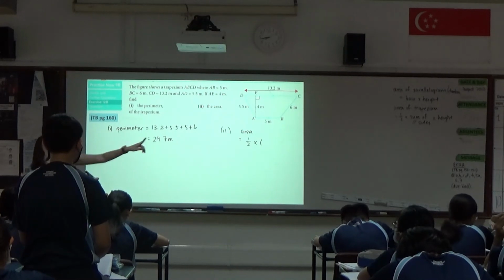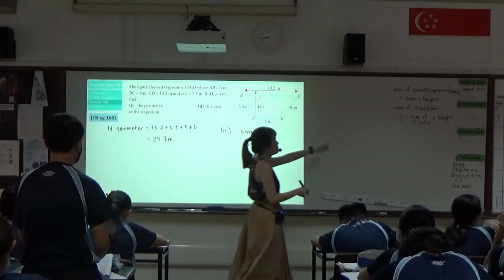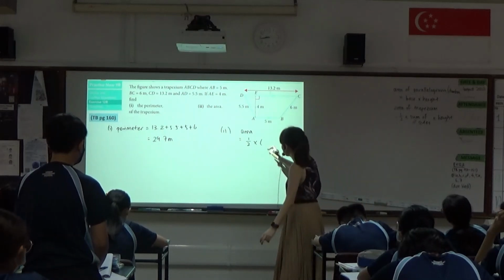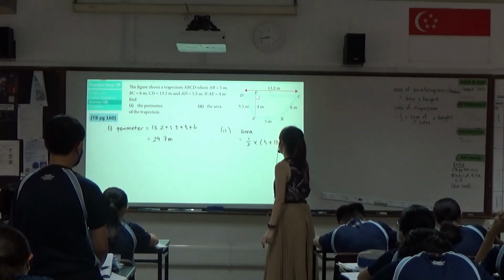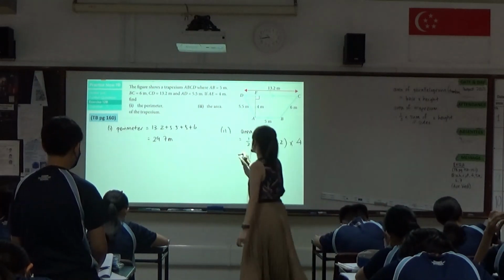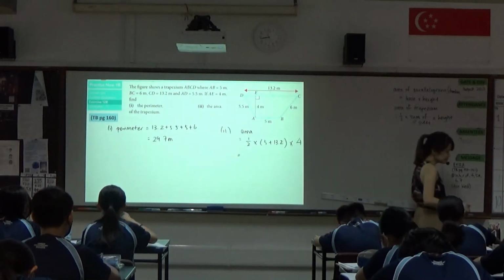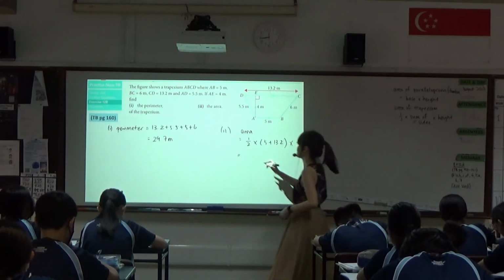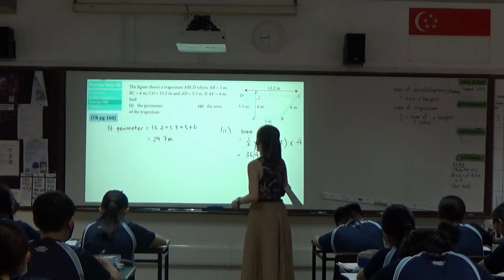Sum of parallel sides. That's what I mean over here. So we key that into our calculator directly and we'll get 26.4 meters squared.